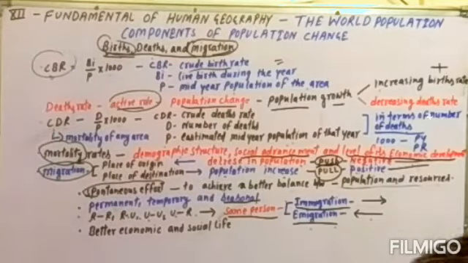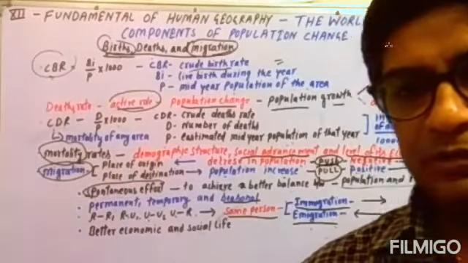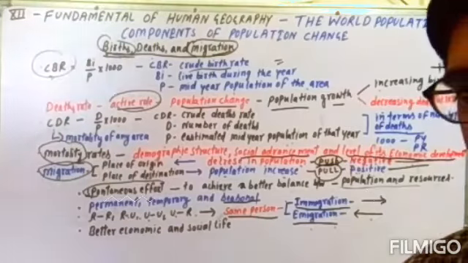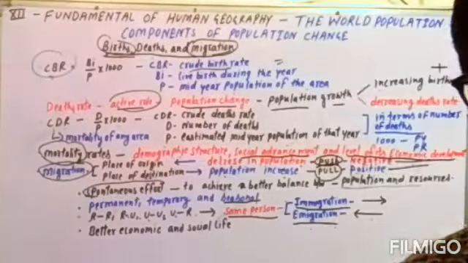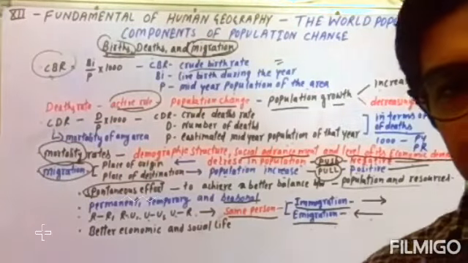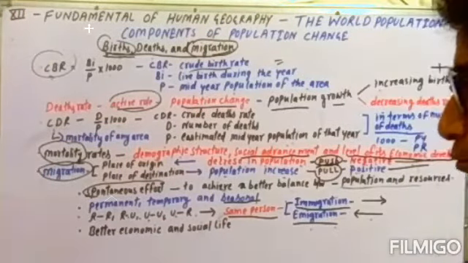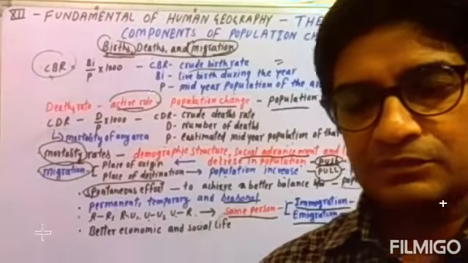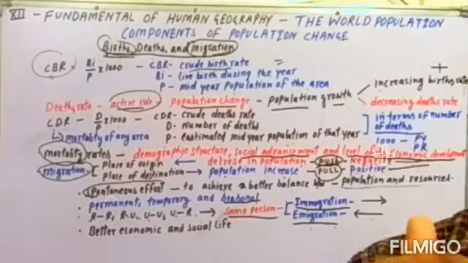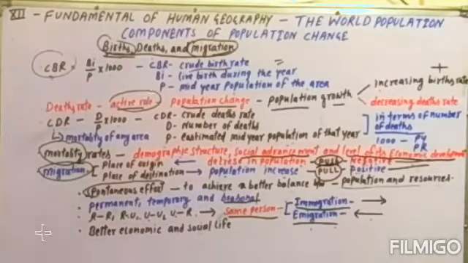Good quality of water, petroleum, coal and other resources, even good quality soil, if they are available, obviously will affect the population change, because people move to the area where better resources are available.